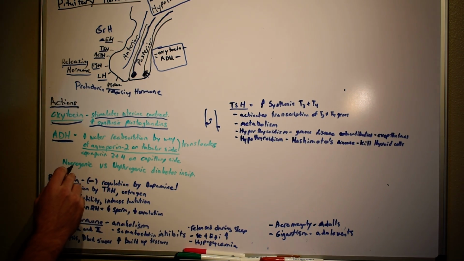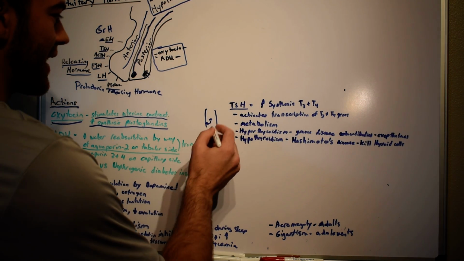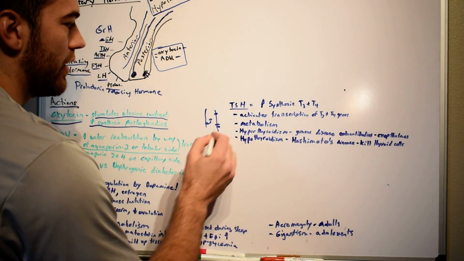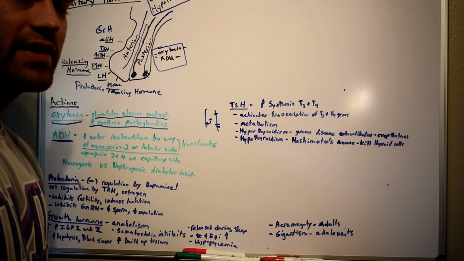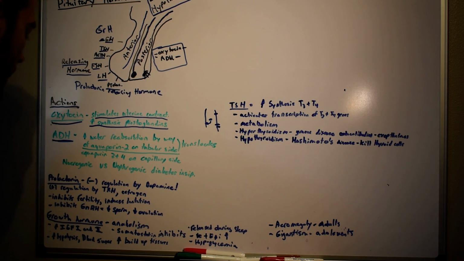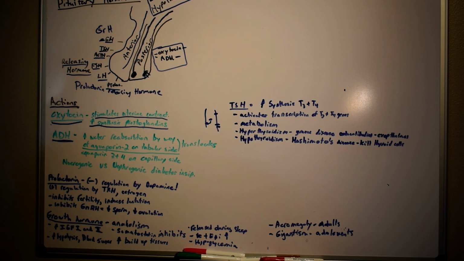It's worth noting that aquaporins 3 and 4 are on the capillary side, and they are present regardless of the amount of antidiuretic hormone that's in the kidney. Okay? Alright, so we talked about neurogenic versus nephrogenic diabetes insipidus.